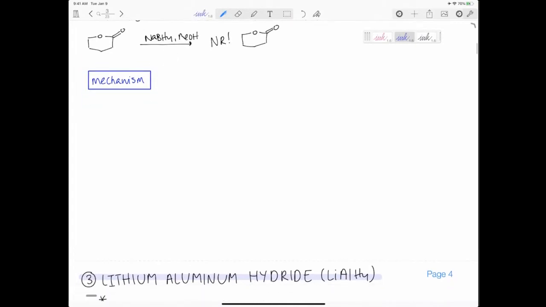All right, let's look at the mechanism, shall we? Okay, so I'm going to use this example of benzaldehyde, treating it with sodium borohydride and methanol to give me this here, a phenol.